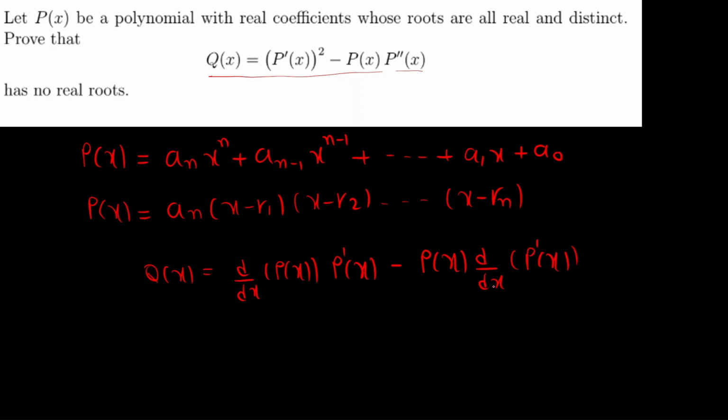Now in order to make this in the form of the quotient rule, we need to divide by P dash of x whole square. But what I'll do is, I'll multiply with a minus on both sides and then divide by P of x whole square. Because I have some information regarding P of x, which is that all its roots are real and distinct. But I don't know anything about the single derivative. So I'll proceed in this way.